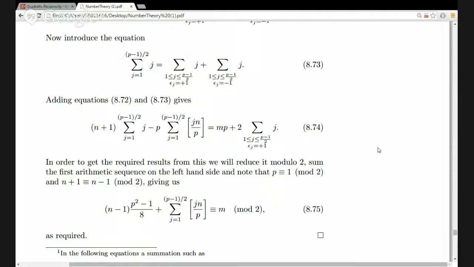This is the form of this result which we're interested in. This is going to finally get us to this nice result about quadratic reciprocity.